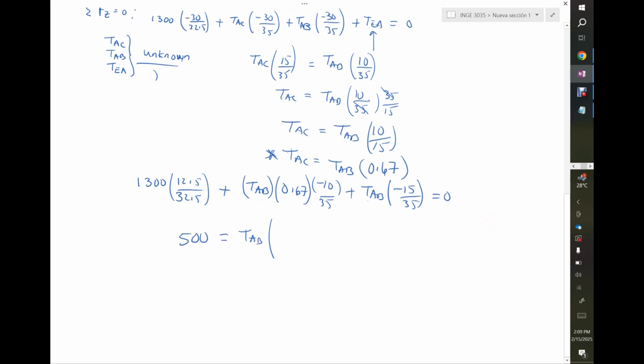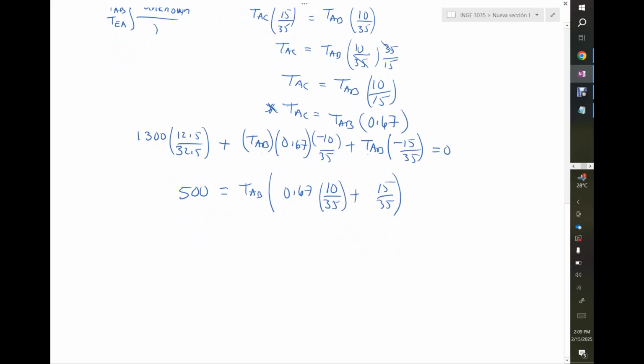So we end up with 0.67 times 10 over 35 plus 15 over 35. So that means that TAB is equal to 500 divided by this.